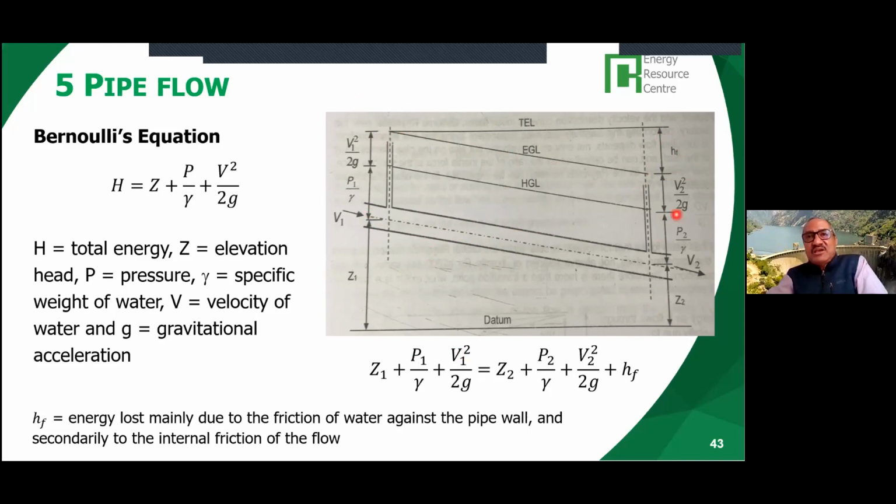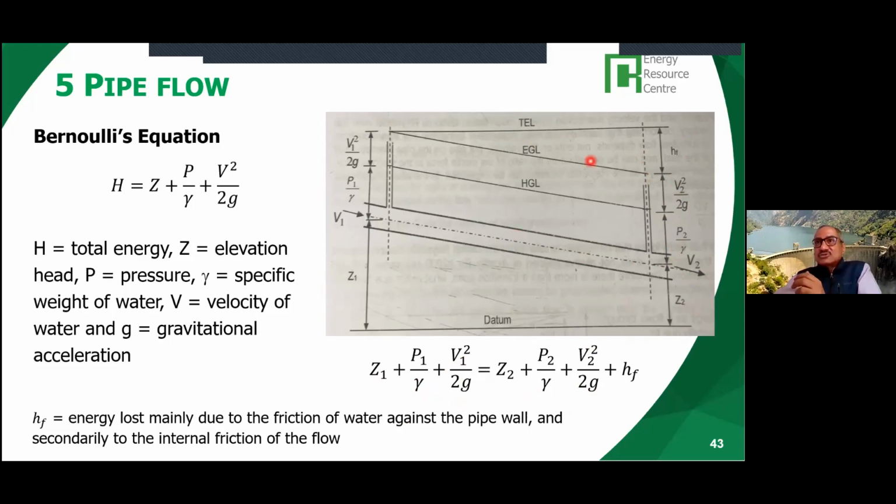So this equation, because energy is conserved by the principle of conservation of energy, the total energy here and the total energy here has to be equal. So Z1 plus P1 over gamma plus V1 square over 2g is equal to Z2 plus P2 over gamma plus V2 square over 2g plus the frictional loss.